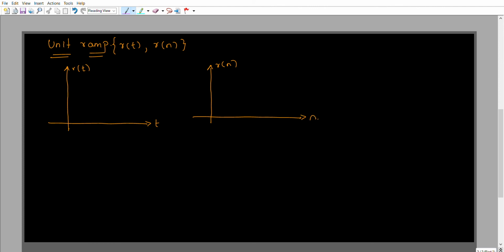Let me draw the signal. When you look at the signal here, you will understand that this is a linear signal. So this is 0, 1, 2, 3, and this goes up to infinity.